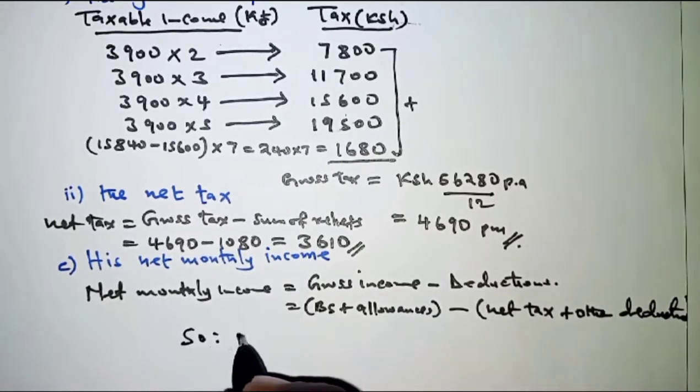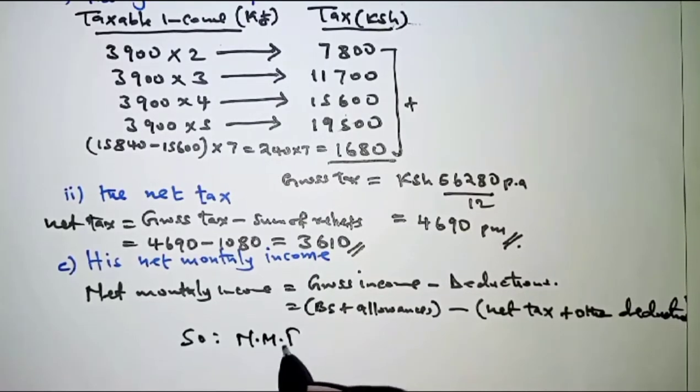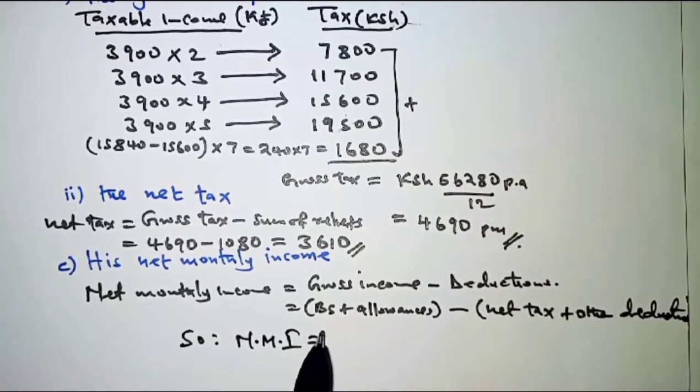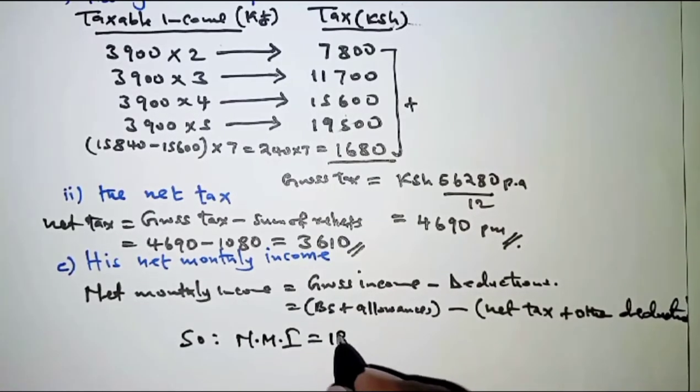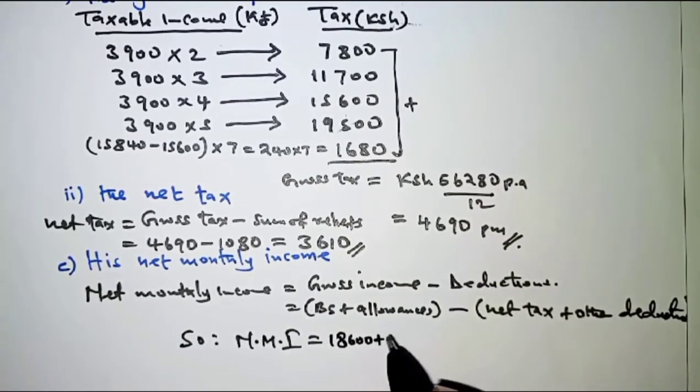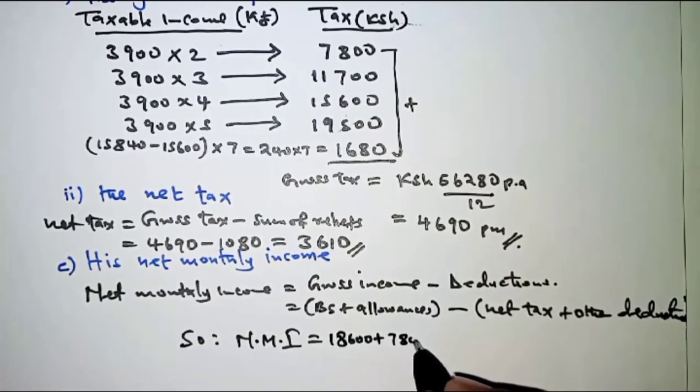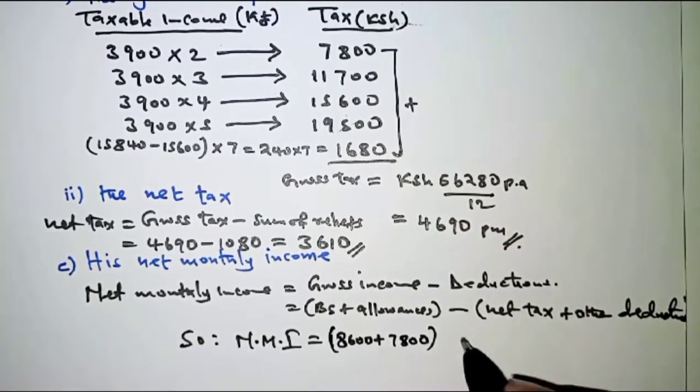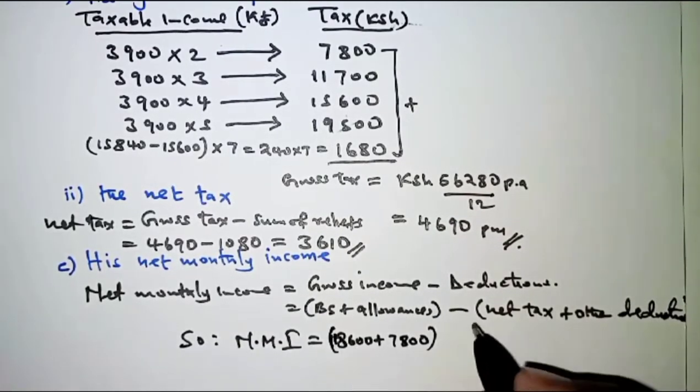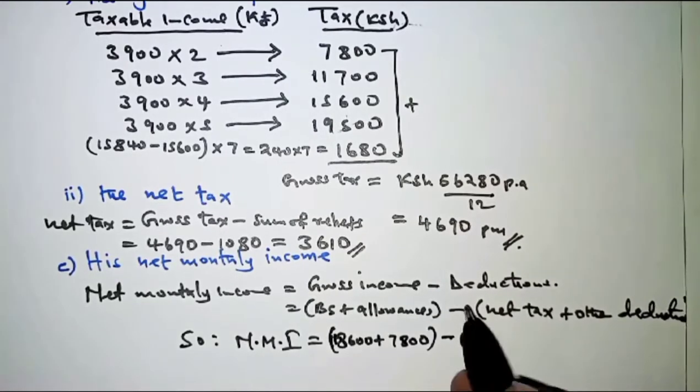These other deductions may include deductions towards insurance, SACCOs, bank loans, etc. So the net monthly income therefore is obtained by basic salary plus allowances, so that is 18,600 plus 7,800, minus the deductions.